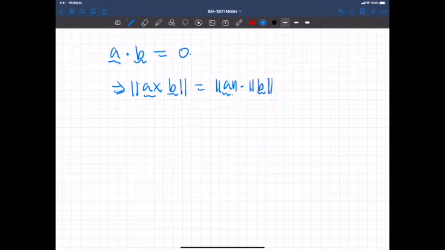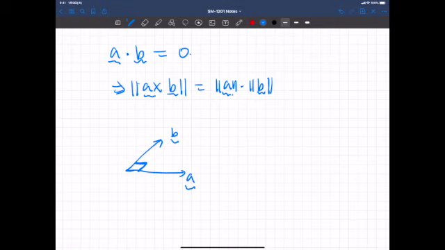Suppose we have a and b, and they are orthogonal, meaning they form a right angle.